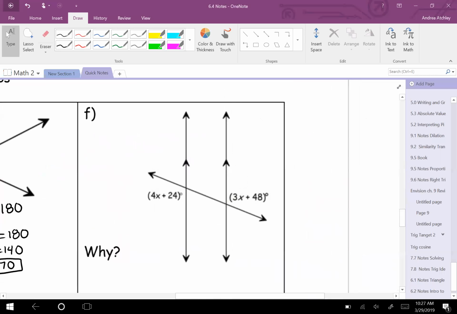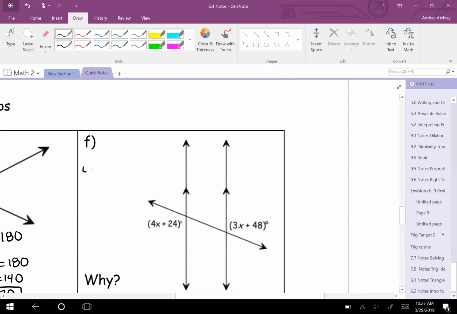Adam, how are we going to set up this equation? Plus 24, and then plus 3x, plus 48. If I color coordinate them, they're all on the same side.